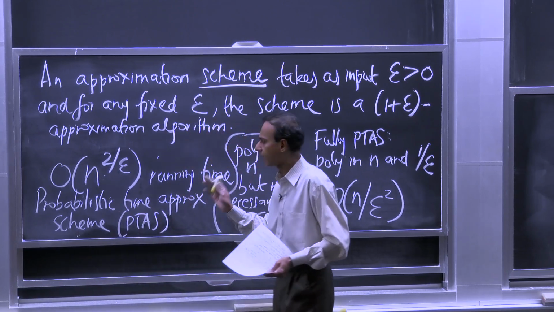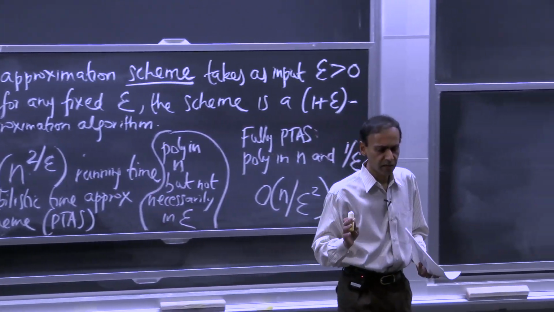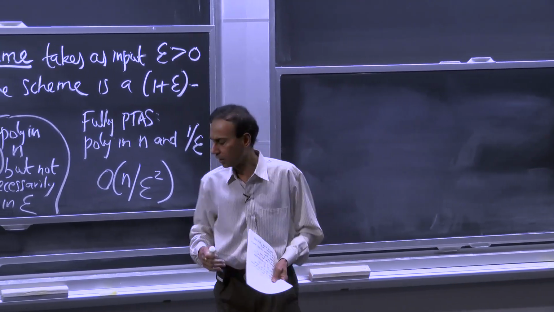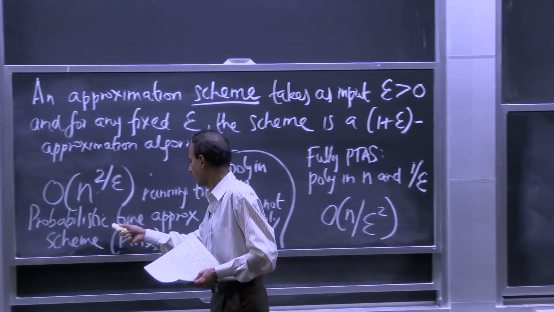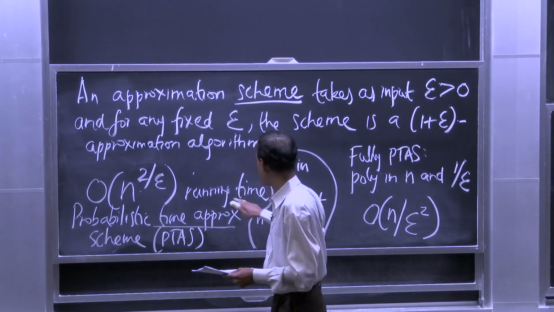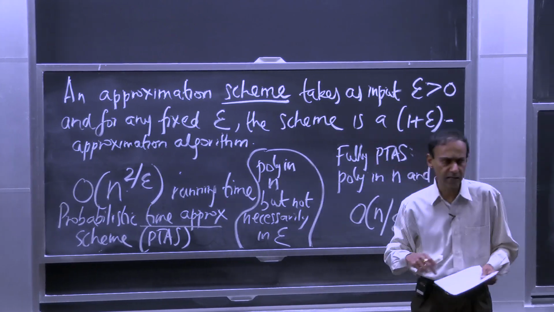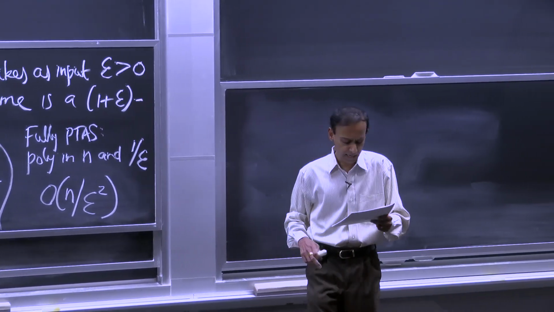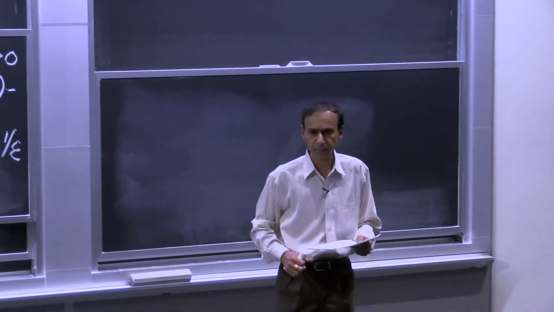The bottom line is that we actually won't cover that today. So let's shelve that for next lecture. Just worry about the fact that it's polynomial in n and not in epsilon for the first part, and it's polynomial in n and epsilon for the second part.